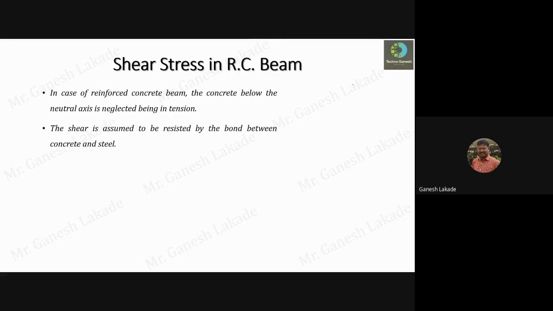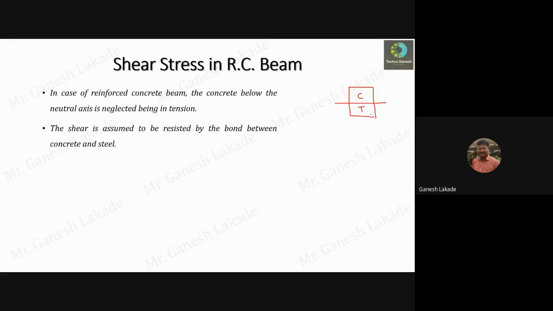Concrete below the neutral axis is neglected means, as we have already discussed in case of a singly reinforced section, that if you take a concrete section, the part above the neutral axis will be subjected to compressive stresses, and below the neutral axis it will be subjected to tensile stresses.